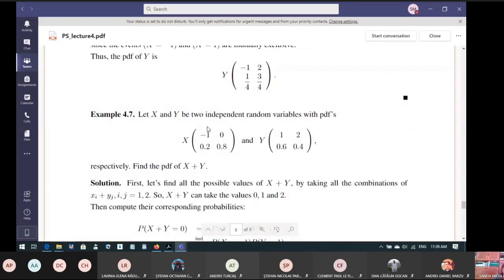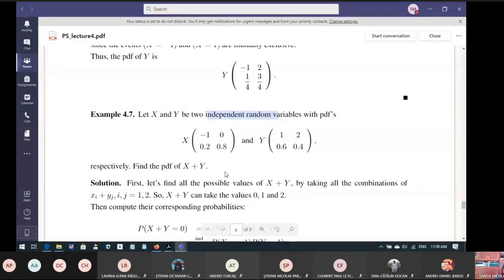Let x and y be 2 independent random variables. Now, like I said, independence is very important when it comes to operations with random variables. Again, simple random variables were given their PDFs. We want to find the PDF of the sum.